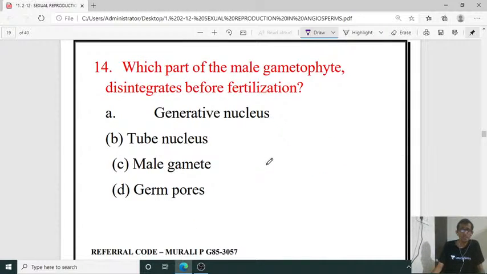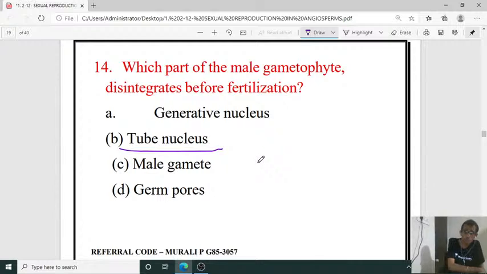Then, which part of the male gametophyte disintegrates before fertilization? Disintegrate means degenerate. That is the tube nucleus. The tube nucleus gives direction for the pollen tube to grow and reach the region of the embryo sac.